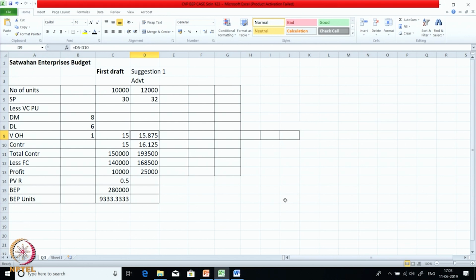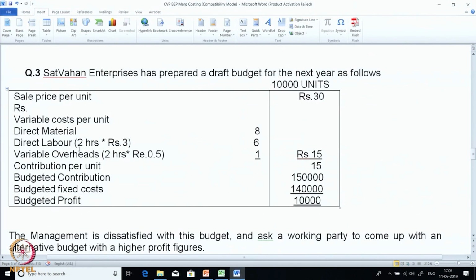Are you able to do it? Direct material cost is not going to change. That is simple, there is no change. What about labor cost? Will it change? It will, because the rate is now going up. But will it go to 8 rupees? No, because the number of hours must come down. As per the current calculation, it is 2 hours per unit at 3 rupees.